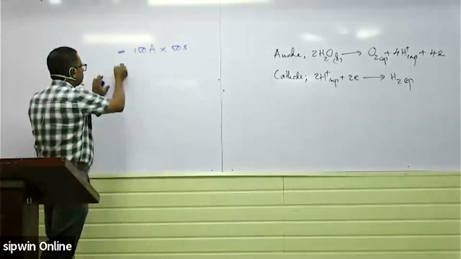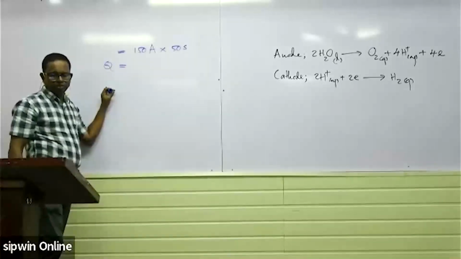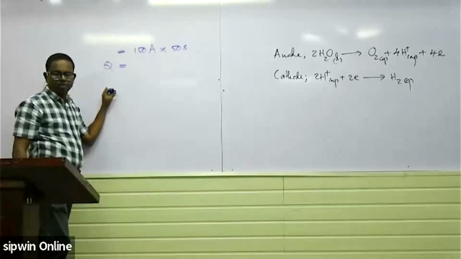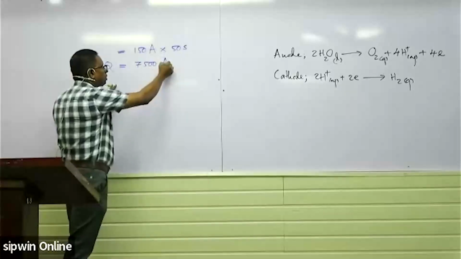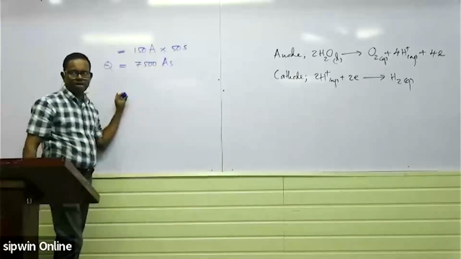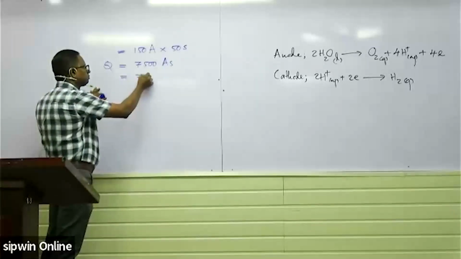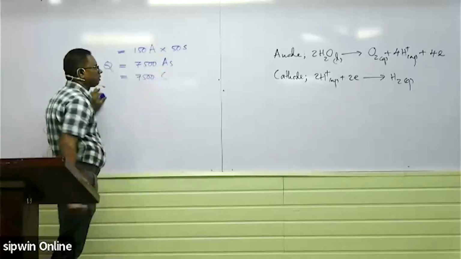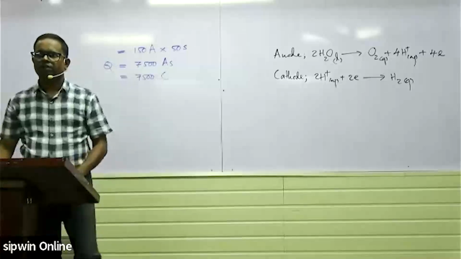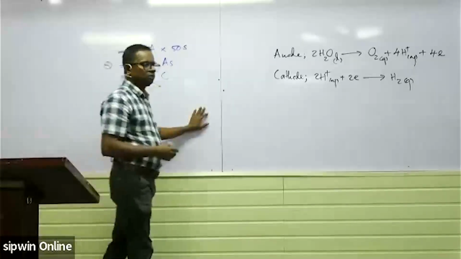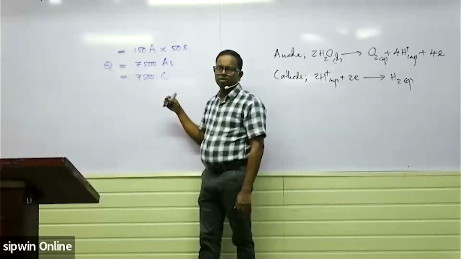So with that, coulomb Q equals 7,500. Ampere second means coulombs.